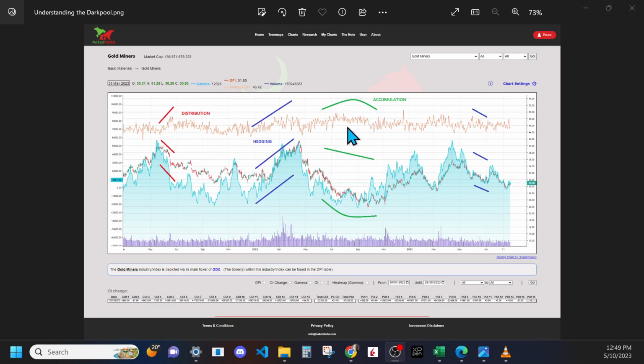So although there's people buying, the price can still be going down, or the price could be flat. And then on the bottom, the gamma, generally, it's convex, but the bottom bulge of the convexity is at the bottom. It's opposite to the accumulation convexity.